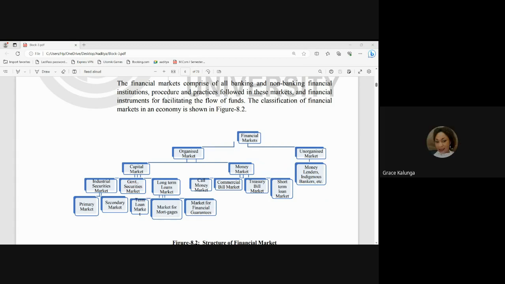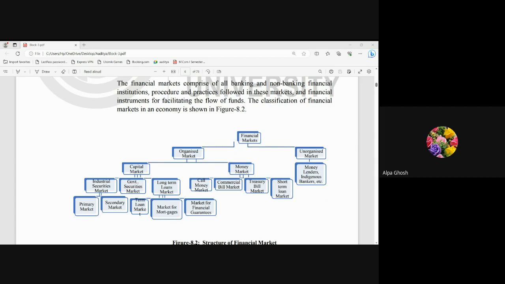We call it Bank of Zambia. One by one. I'm from Zambia. We call it Bank of Zambia. Others? In Nigeria, we call it Central Bank of Nigeria. Okay, good.